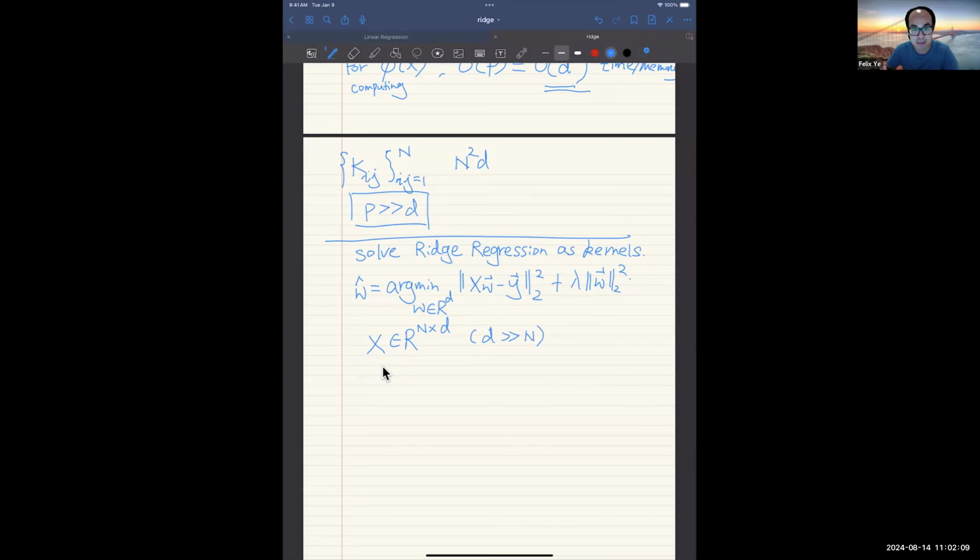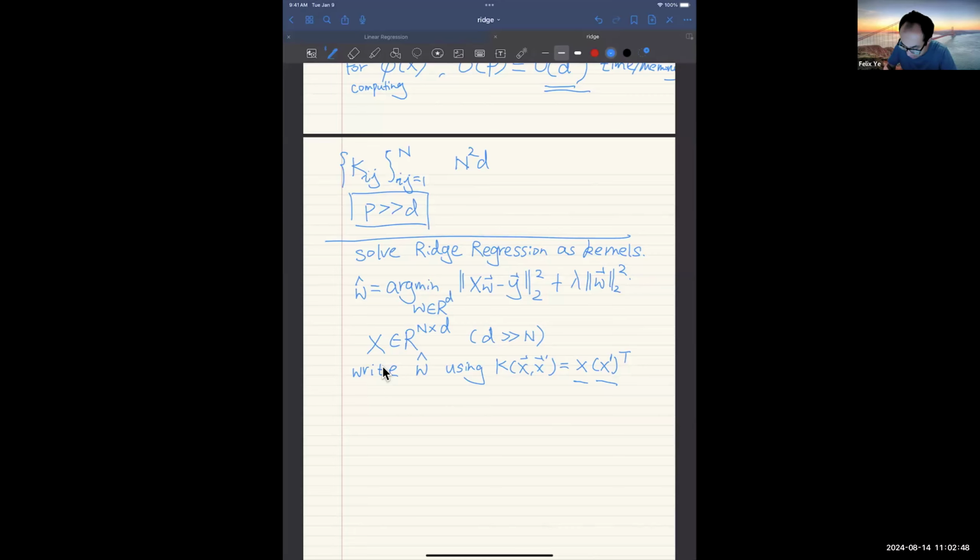So the whole idea is I want to make predictions, write W hat using K, X and X prime with the kernels, which is my X and X prime transpose. The reason I write X and X transpose this way is because here my X is written in row vectors.